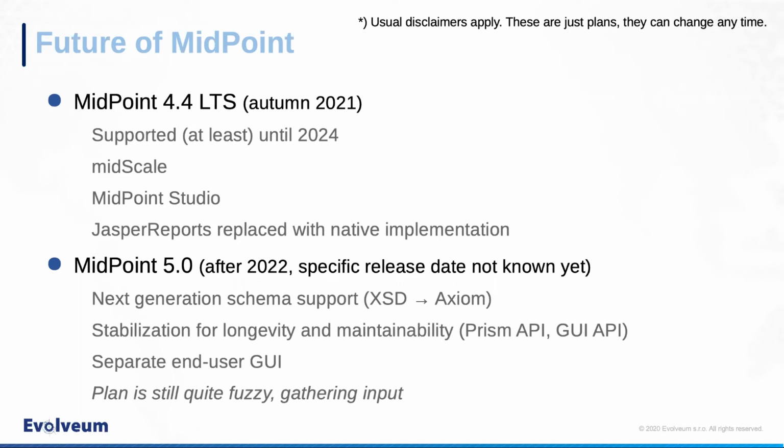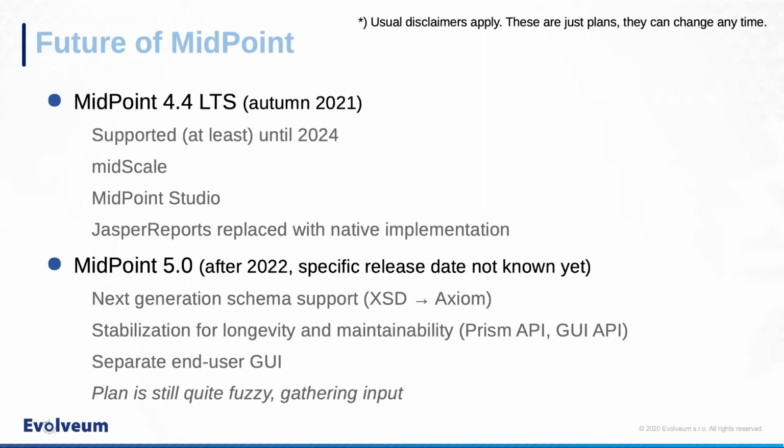As I mentioned, the midScale project will last for 1 year, so it will also be part of 4.4. We also expect improvements and better stability for midPoint Studio, and hopefully we will get rid of Jasper at all.